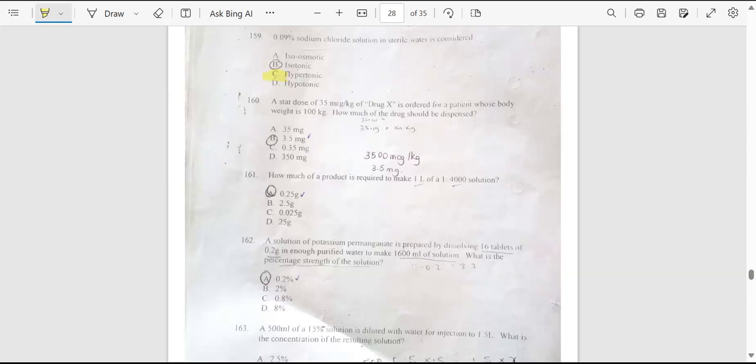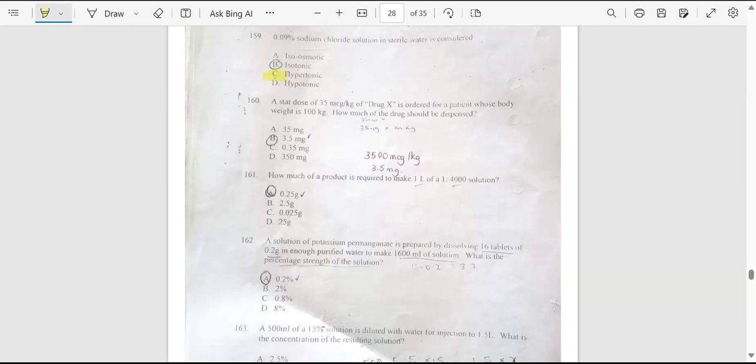Because tonicity is always one thing versus the other, this question is ambiguous. Are we comparing the tonicity of the sodium chloride with sterile water? Or are we mixing and then comparing that tonicity with plasma? Based on that, the answer can be hypo or hypertonic.